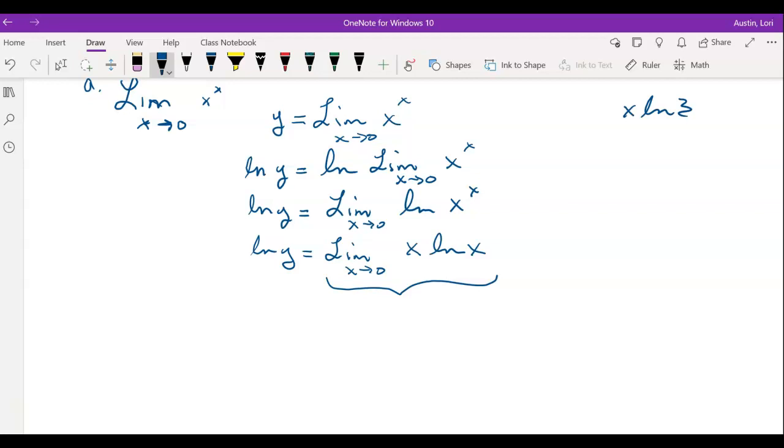That's not going to work for me, right? Because I would get 0, and then the natural log of x as x approaches 0, I believe, goes down to negative infinity if you think about that graph. So I have 0 times infinity, which isn't going to work for me. So how can I turn that into something where I can use L'Hopital's rule?